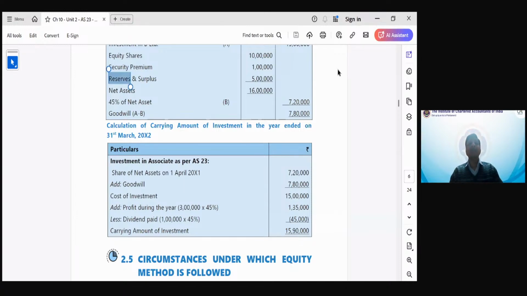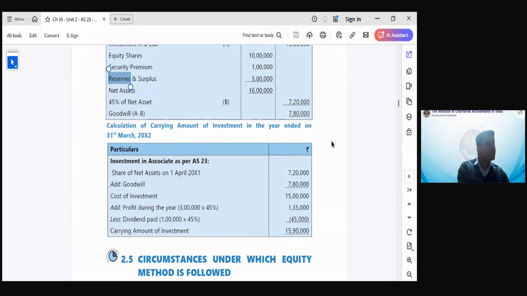So this is what you can say is the equity method of accounting. As simple as that. Yes or no? Any questions on this? No? Everyone clear on this? Okay.